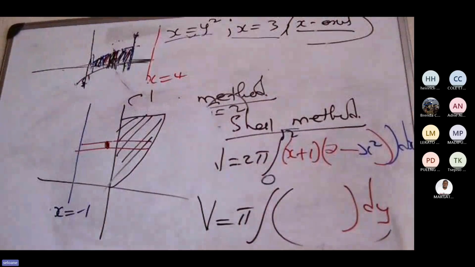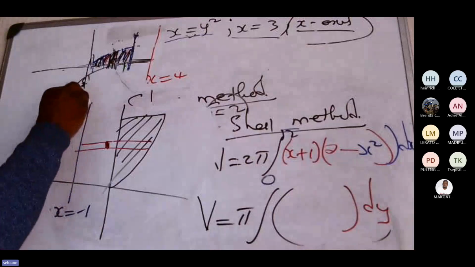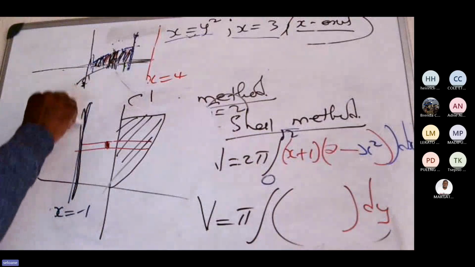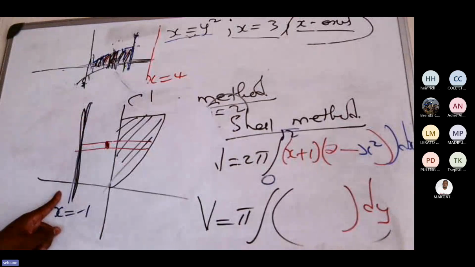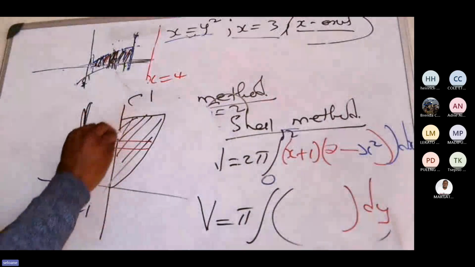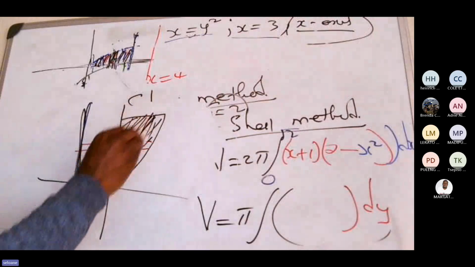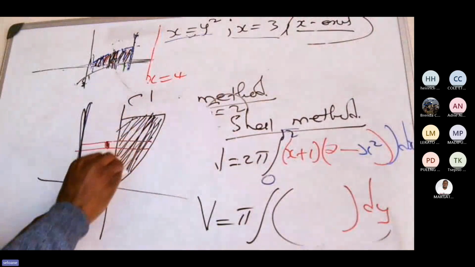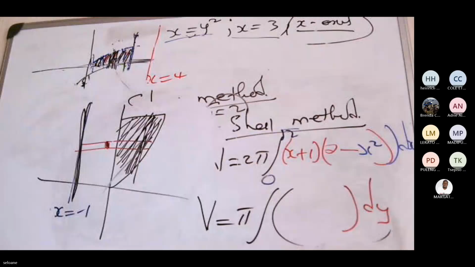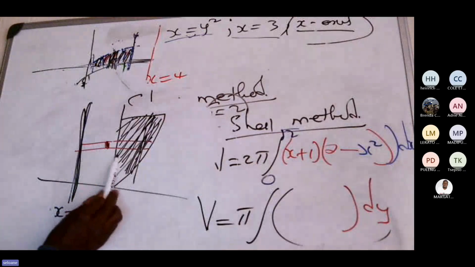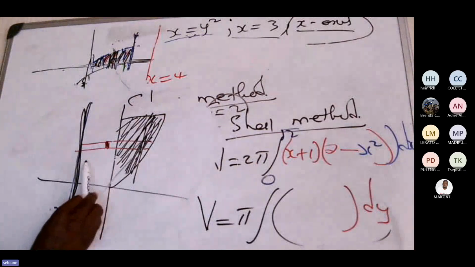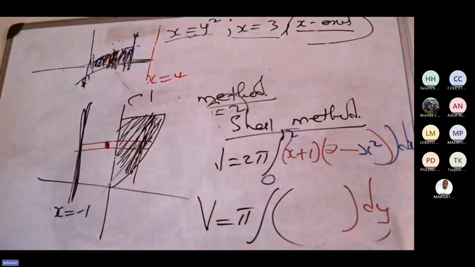Then from there, are we going to have the inner radius? Yes, because this axis of rotation, the line x equal to -1, is not one of the boundaries of this region. Therefore, this space here will give you a hole inside your solid of revolution.